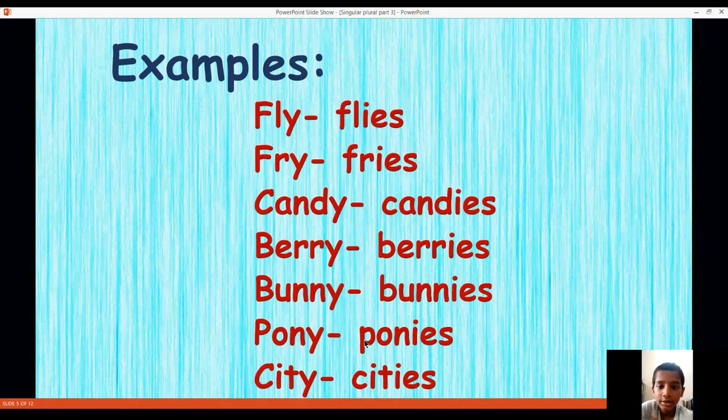Consonant. Very good. So what should we do? What should we change? Which letter? We should add IES and take away Y. Very good. Thank you, Ilan. Thank you so much.